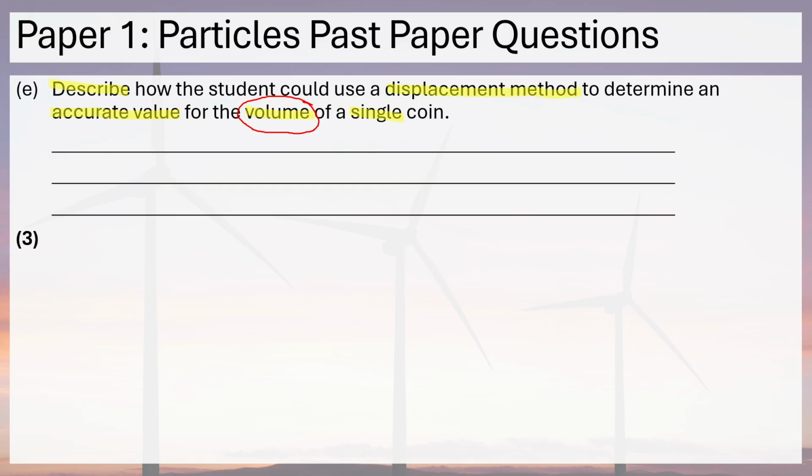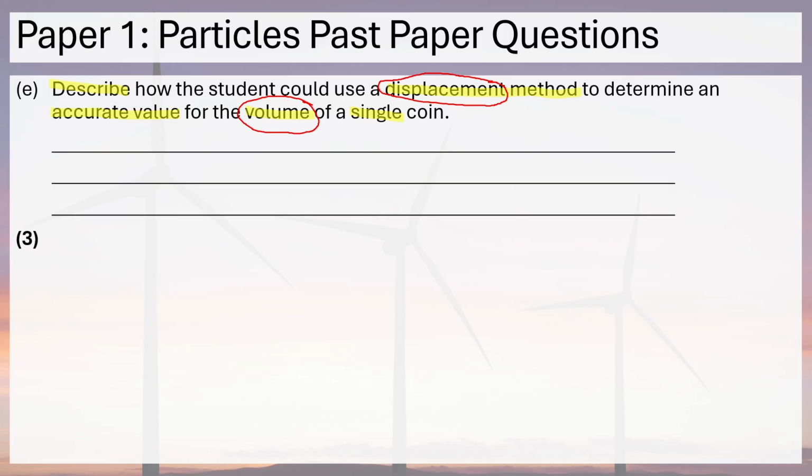It's about volume. Secondly, we're being directed to the displacement method. Now, we can use the Eureka Can, but as we can see from the previous slide, we're going to use the method where we measure the volume of water, add the object, look at the change in volume, and we know that that change is equal to the volume of the object. So that's the method we're going to describe.